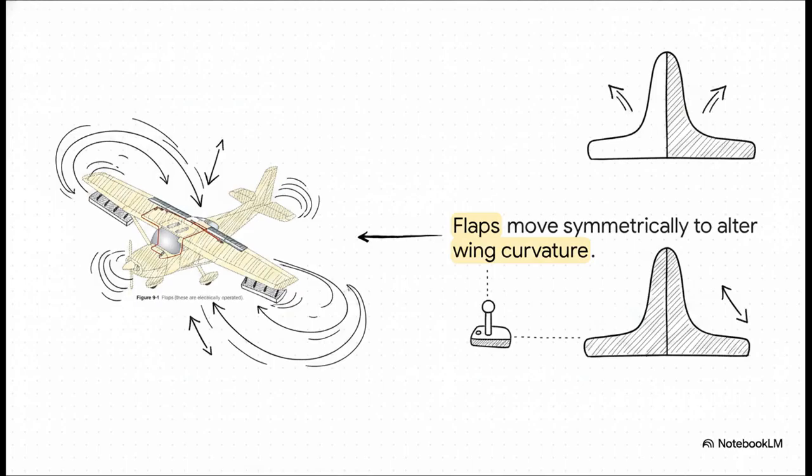Now, by extending them, you are fundamentally altering the curvature, or the camber, of the wing. In a very real aerodynamic sense, you're creating an entirely new airfoil right in mid-flight. This new shape completely changes the airflow, and that allows the wing to generate the required lift at a much lower airspeed. Honestly, this is the exact magic that allows us to fly slowly and safely during a landing approach.